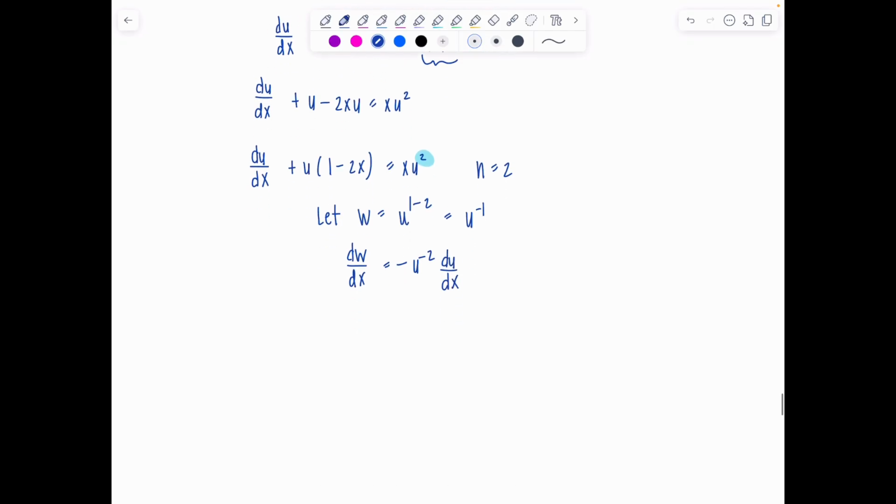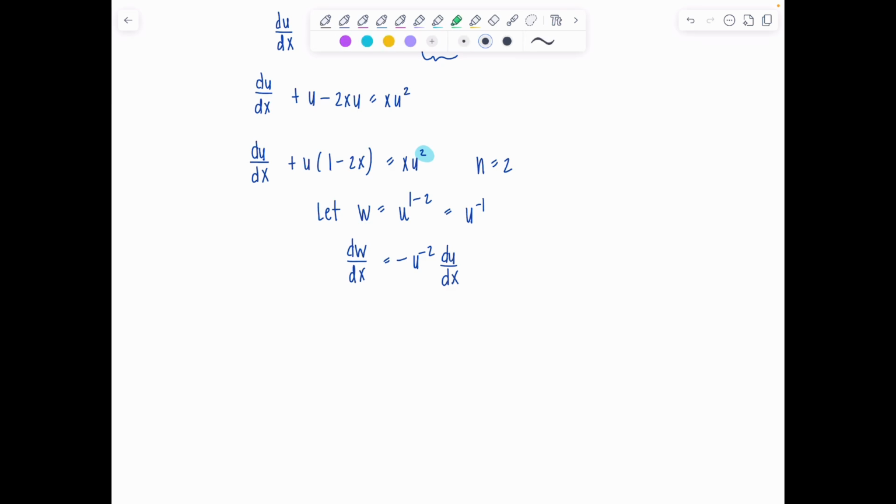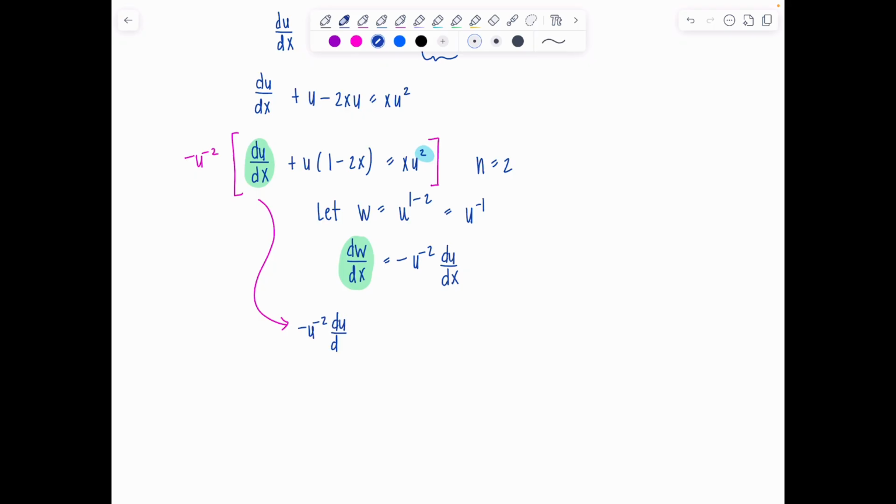Okay? All right, next thing I do, I try to make this be the same as dw/dx. So I got to multiply everybody through by, what is it missing? Negative u to the negative second. So let's do that. So then now we have negative u to the negative second du/dx.